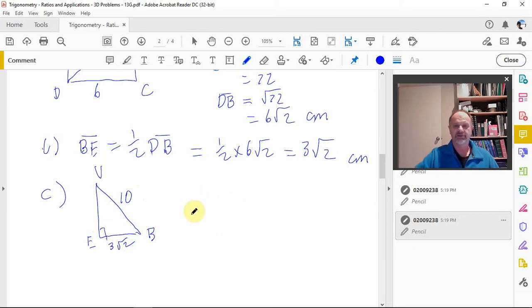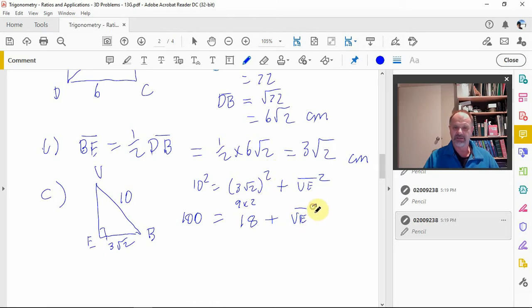So again, we can use our old friend Mr. Pythagoras, who says that 10 squared is equal to 3 root 2 squared plus V to E squared. So 10 squared is 100. 3 root 2 squared: 3 squared is 9, root 2 squared is 2, so that's 18, plus V to E squared.